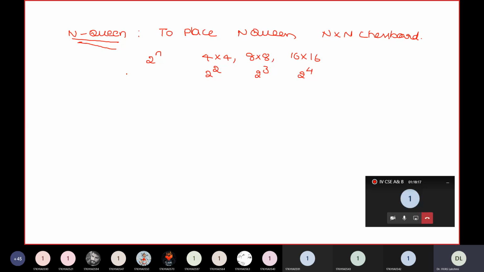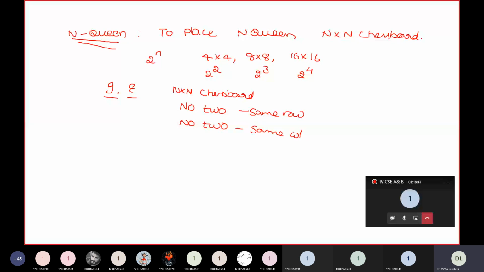As I already told you, implicit and explicit constraints are there. Here the constraints to place the queens on an n by n chessboard are: no two queens are in the same row, no two queens are in the same column, and diagonal positions of queens are not allowed.